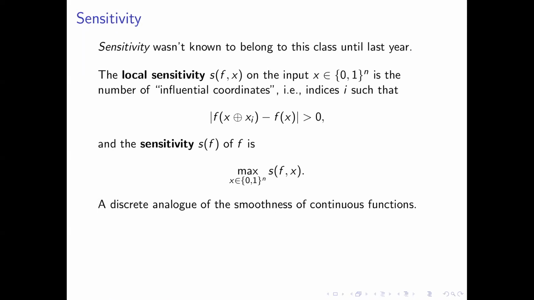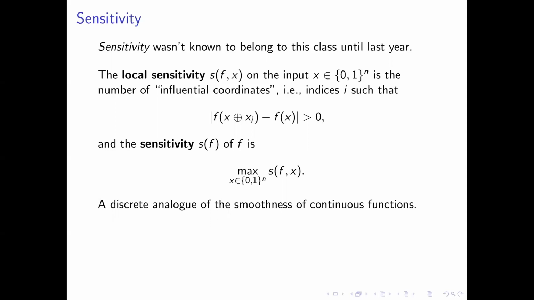So let's define what sensitivity is, even though we've got a taste of it on the first slide. The local sensitivity of a function f on an input x is we're just counting the number of influential coordinates.